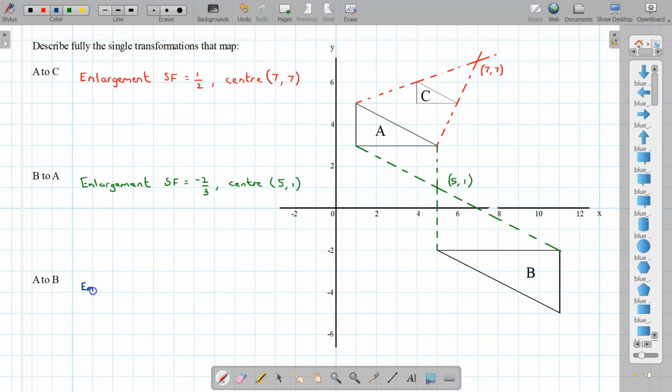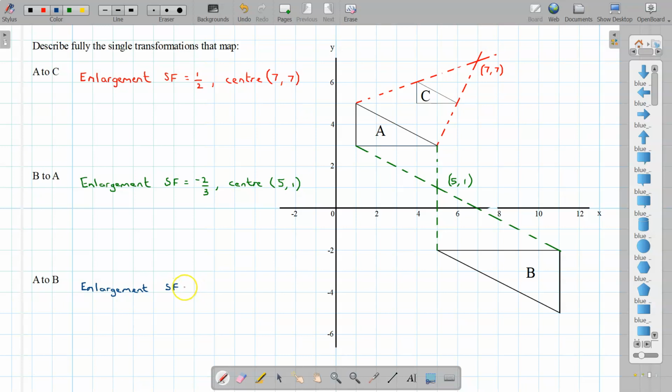That's also going to be an enlargement with the same center, but the scale factor is different, because to go from A to B you're making it 1.5 times bigger, going from 4 up to 6, or from 2 up to 3.